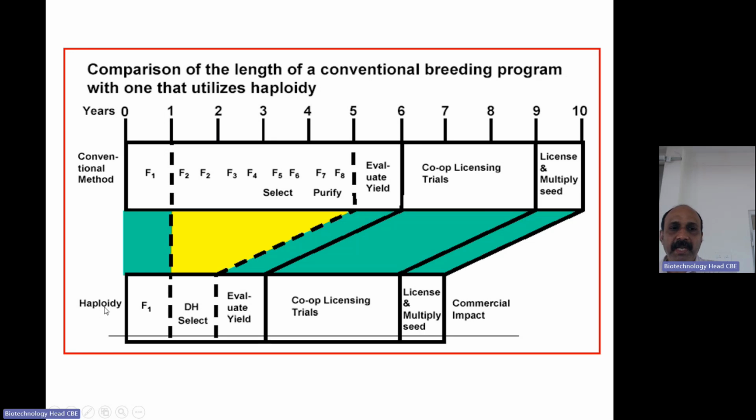But in haploidy, within 1 year, you reduce all those 6 to 7 years into 1 year, and you get a dihaploid plant. Then field evaluation, licensing and releasing will be the same, but the breeding process is entirely reduced. 8 to 10 years will be saved when we go in for haploids. So this is the use of androgenic haploids.